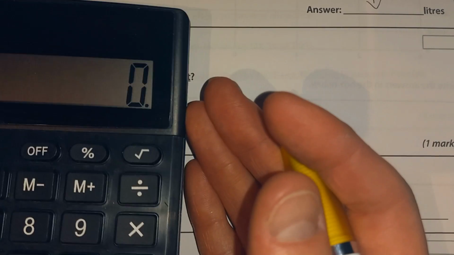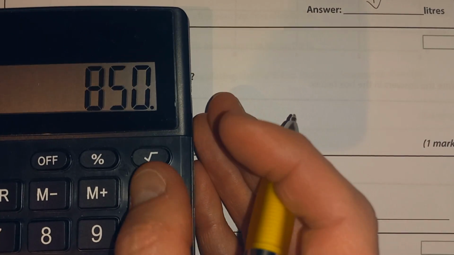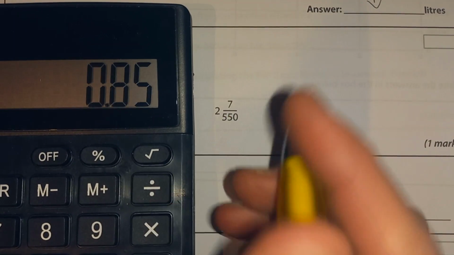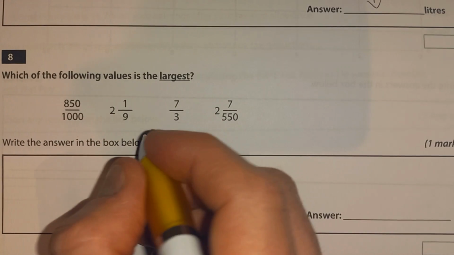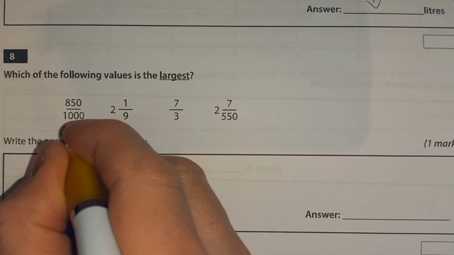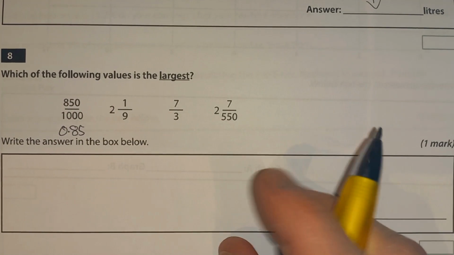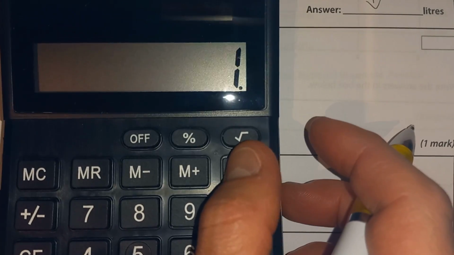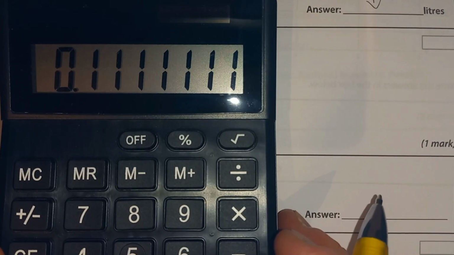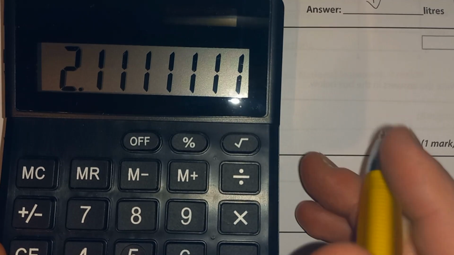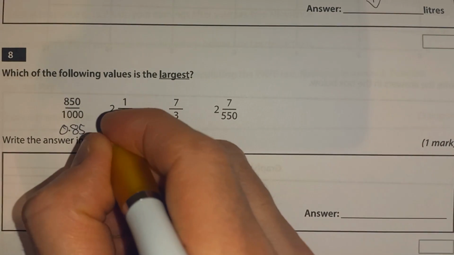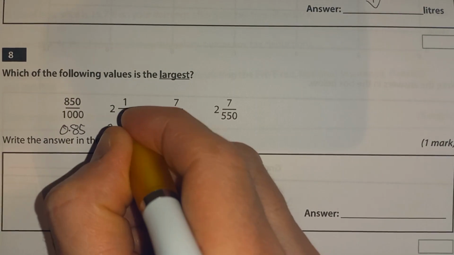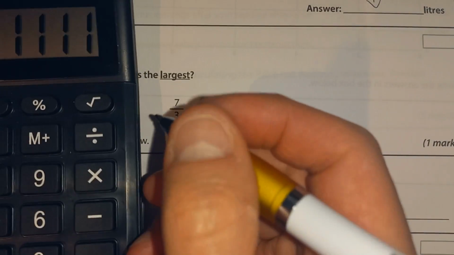So 850 divided by 1000, well, that's 0.85. 2 and 1/9, well, let me do the 1/9 bit first. 1 divided by 9, and then just add on the 2. So we've got 2.111 recurring, just to show that carries on.